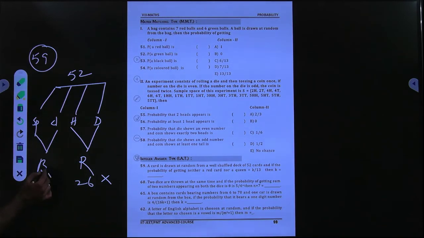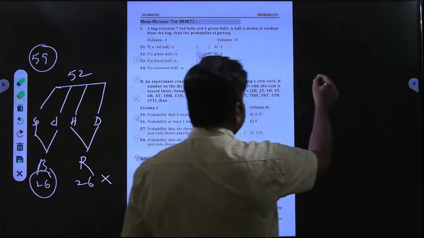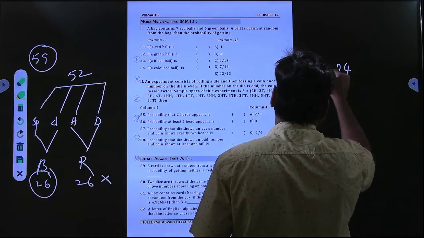Now we have to choose from the 26 black cards. In the spade set one queen will be there, which should not be taken. In the club set also one queen will be there, which should not be taken. So out of these 26, 2 should not be taken, and the remaining are 24. These 24 are favorable outcomes to the event.